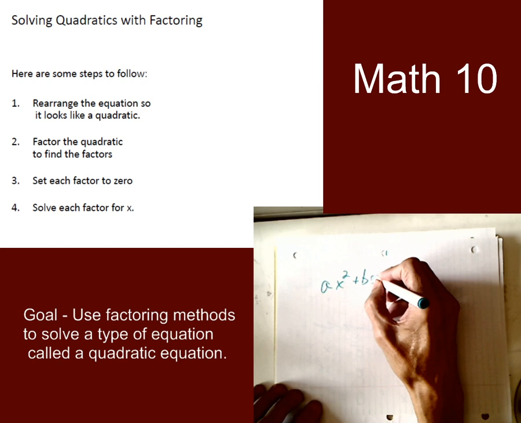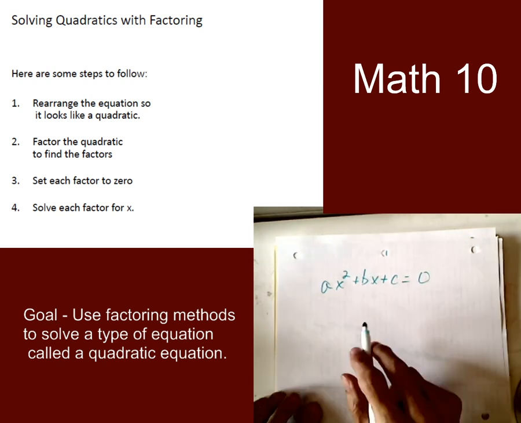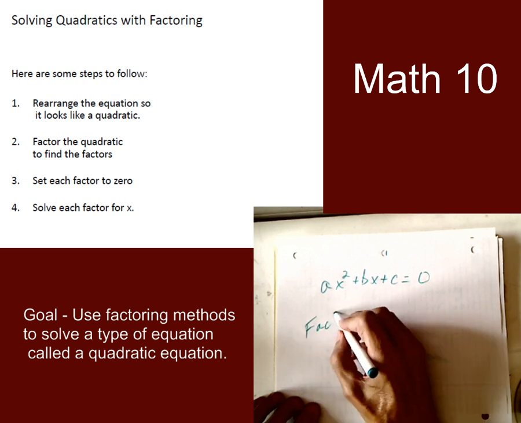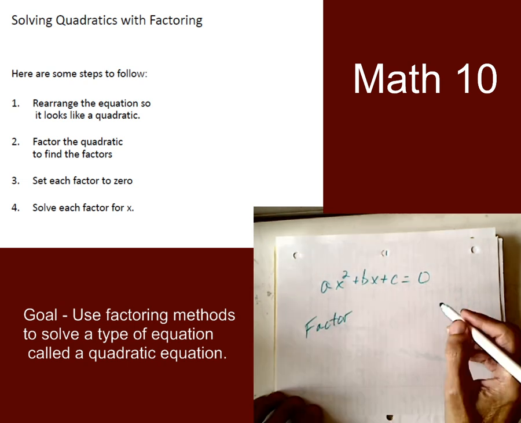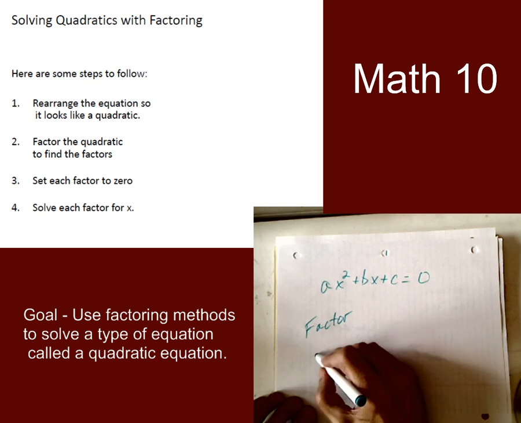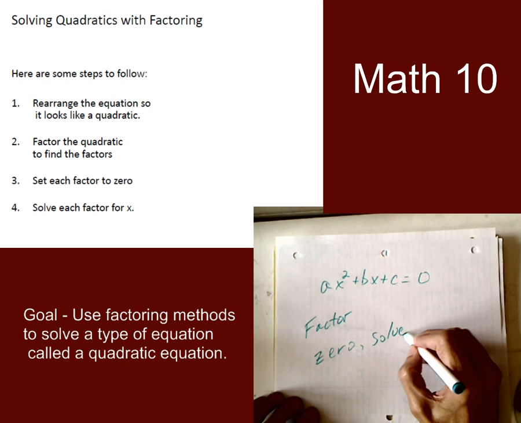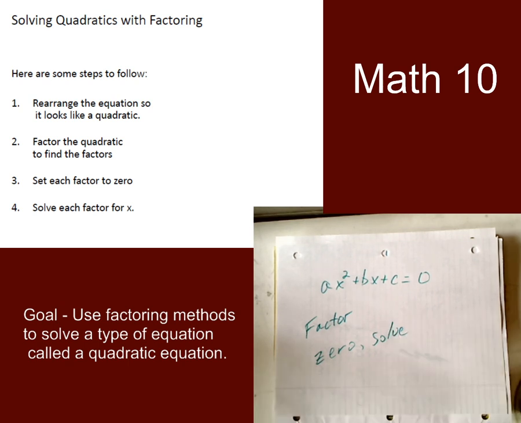Set up with the proper style so that it's useful. Next, you factor as usual. And then the extra step is set each factor to 0 and solve. You do the work carefully, and you'll be successful every time you encounter a question like this.